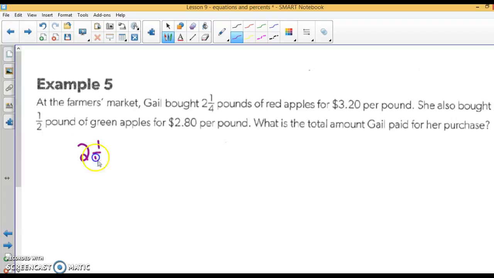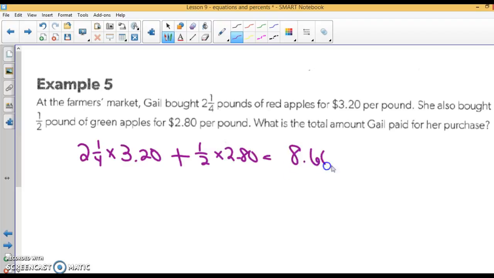So won't that be 2 1/4 times $3.20? And she bought 1/2 pound for $2.80. If you multiply that together, you end up with $8.60 for the apples.